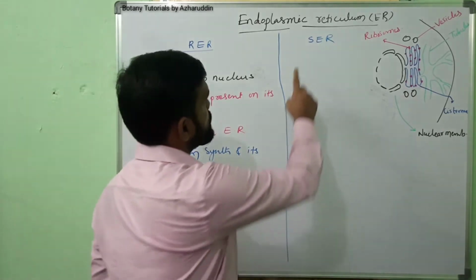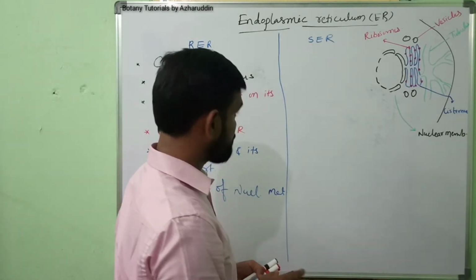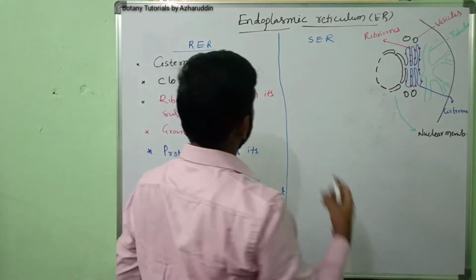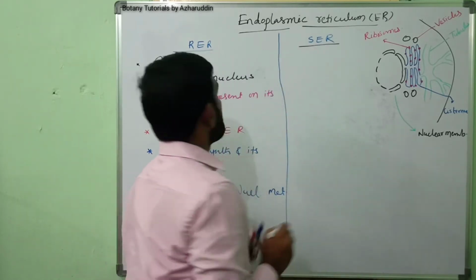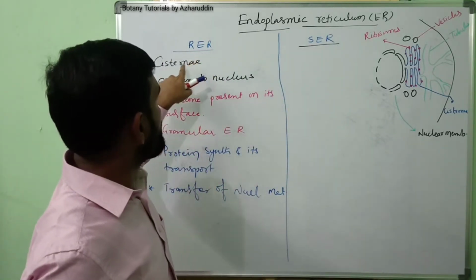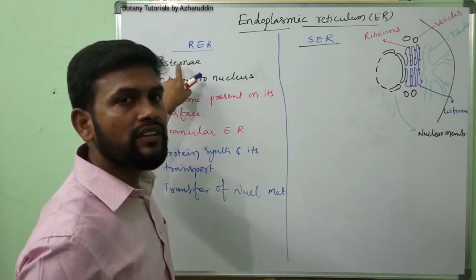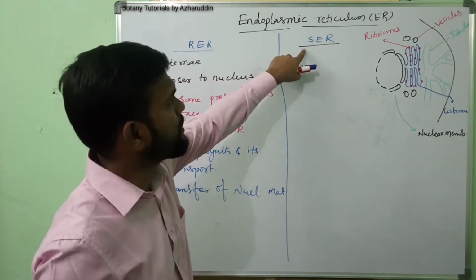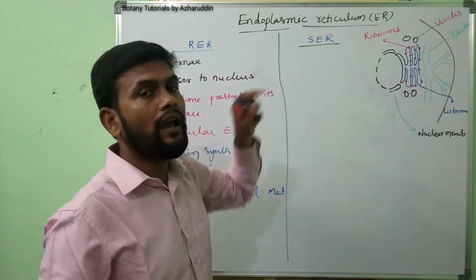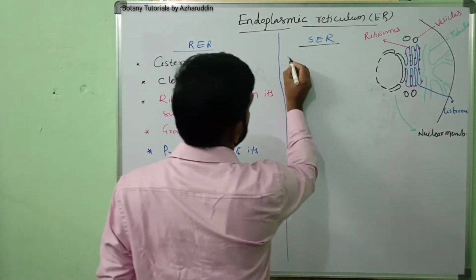Next, coming to smooth endoplasmic reticulum. Rough endoplasmic reticulum is mainly made up of cisternae, whereas smooth endoplasmic reticulum is made up of tubules.